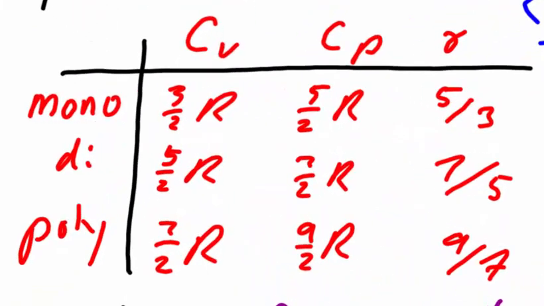This table shows us that in the case of a monatomic gas, the C sub V is going to be 3/2 R, and the C sub P is going to be 5/2 R. Those are the values that we'll keep in reserve for use when we calculate the process table.